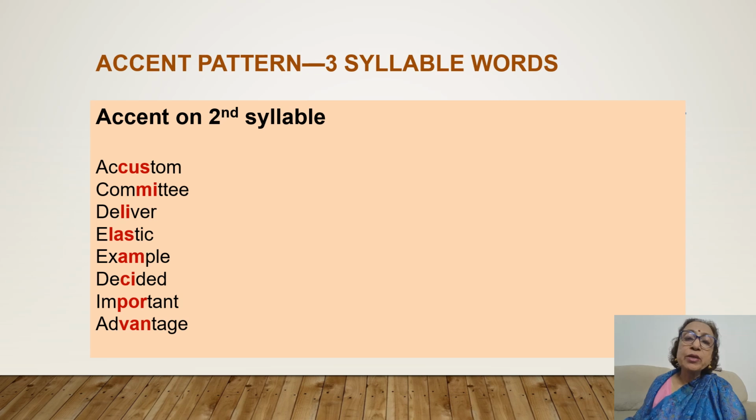Advantage, you can easily make out by the pronunciation how it is, we are using the middle, the second syllable. There is one syllable in front, one at the back, but the one in the middle is what we are putting our accent on. Putting your accent would mean that you keep to the rhythm of the language, you pronounce that with more force, the others with not so much force.